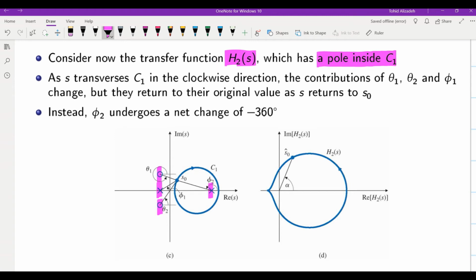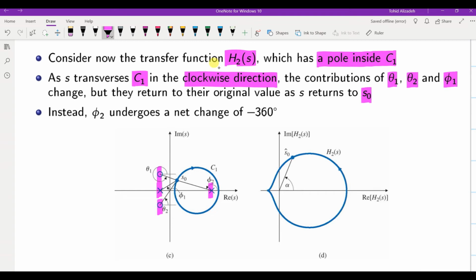In this case, as the S0 or S traverses C1 in the clockwise direction, the contribution that we have for theta 1 and theta 2, which come from the zeros, and phi 1, which comes from the pole outside the contour, will change, but they will return to their original value as S returns to S0.